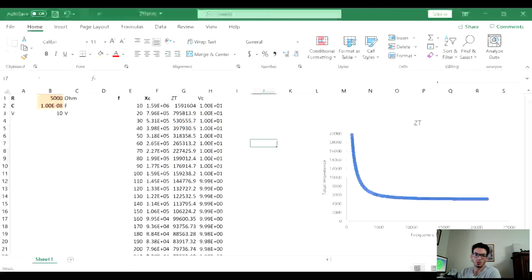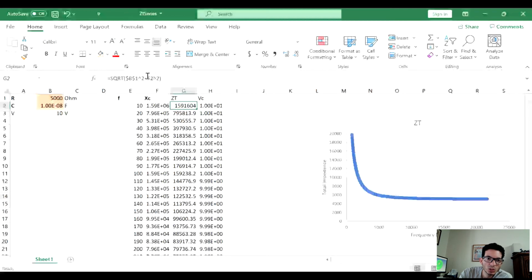So this is how you compute the total impedance based on frequency changes. Because of the frequency change, you compute the change in reactance, and based on that change you have the value within the square root, and you can compute your total impedance.